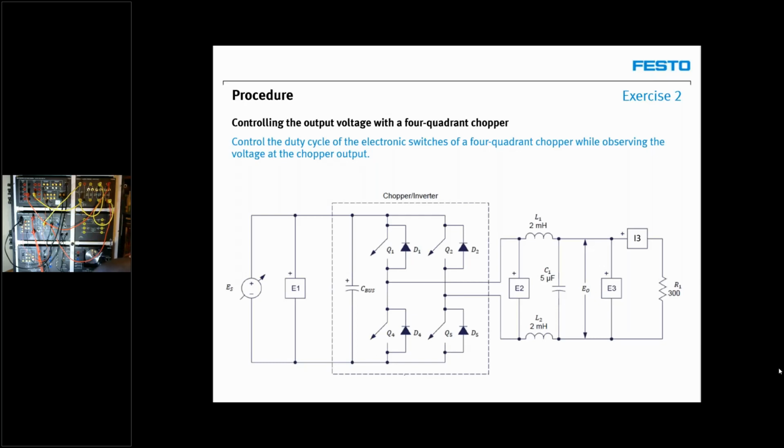And then I only miss my 3 voltmeters. So E1 is again connected in parallel with the source. So from the source, I go to E1 like this. E2 is connected at the output of our H bridge. So right here, E2.